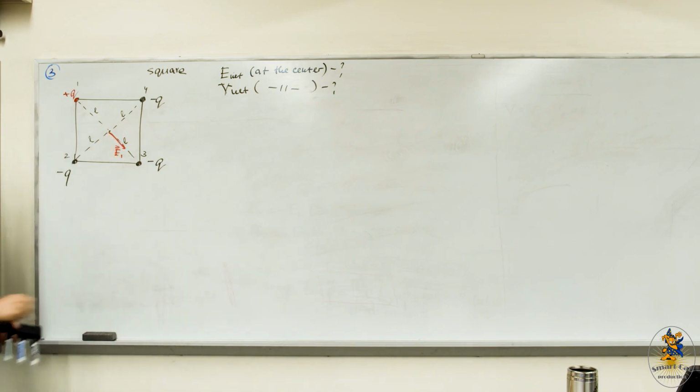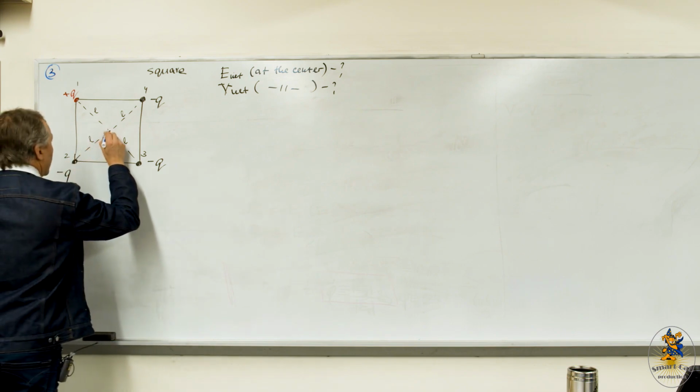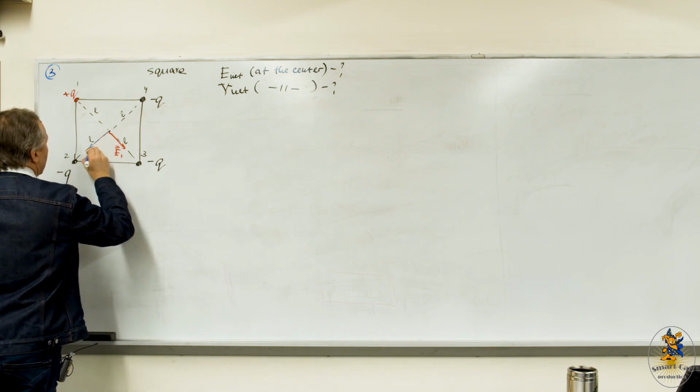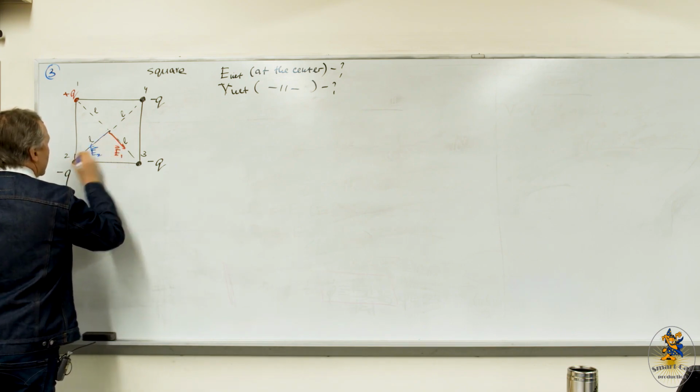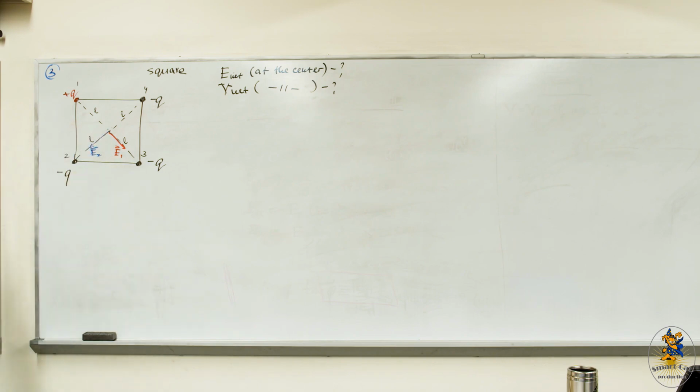E1. Then, second, it's a negative charge. Of course, electric field will be towards the negative charge. Again, along this diagonal line. So it will be this E2. And of course, all these vectors are of the same magnitude because the values of the charge are the same, distances are the same.